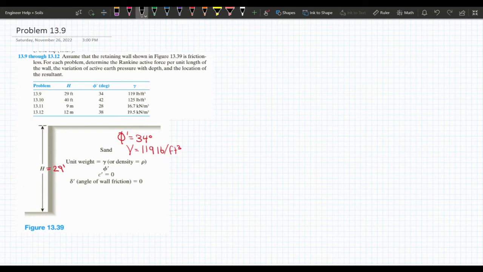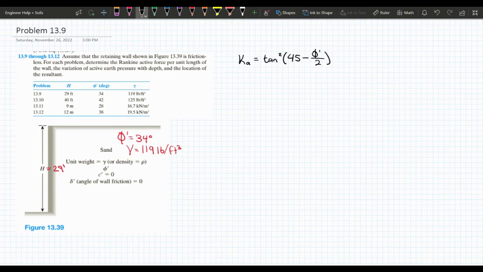Okay, so the Rankine active coefficient, Ka, is equal to tangent squared of (45 minus the angle of friction over 2).